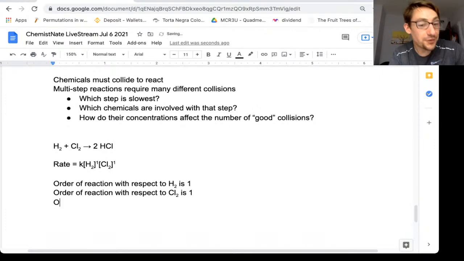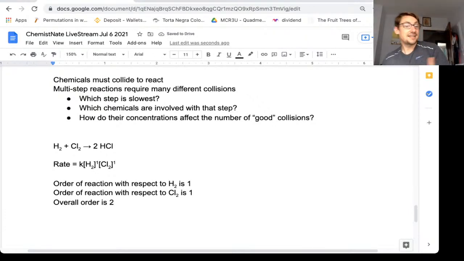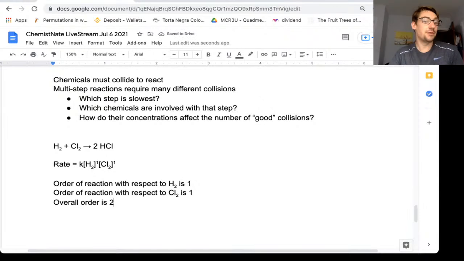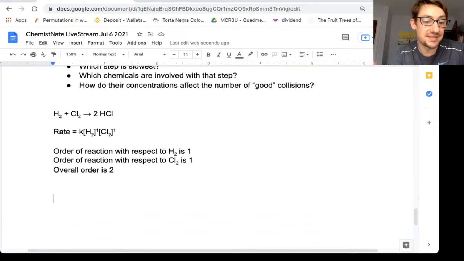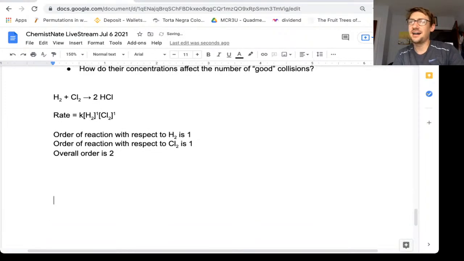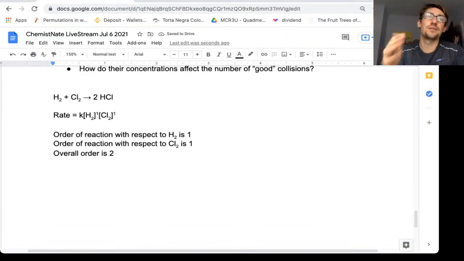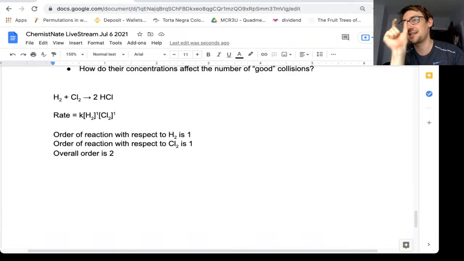And we say the overall order is 2. That is the sum of those exponents. Now that overall order happens to also be the number of molecules that are colliding in the rate-limiting step. You can also have order of reaction be 2 with respect to one single thing. I'm trying to think of a chemical reaction where 2 of the same thing react with each other.